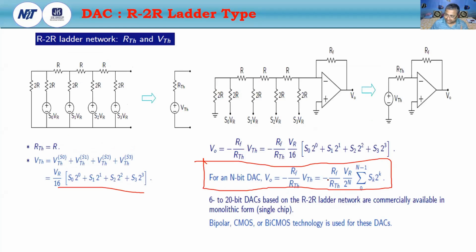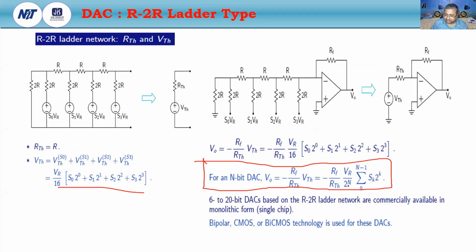For GATE, this will be a very important equation. Any type of problem you get, you should apply this formula. RF calculation, resolution calculation. Resolution is nothing but 1 by 2 to the power of n into VR.